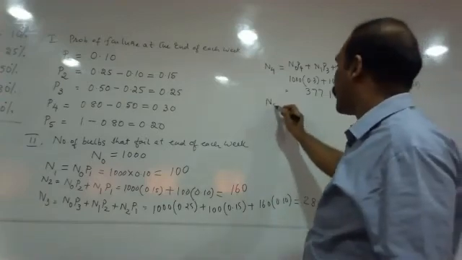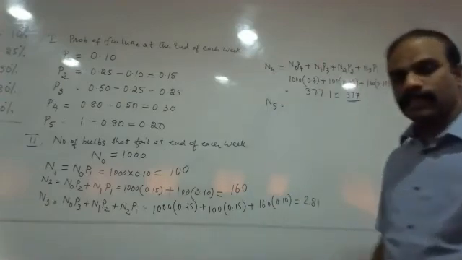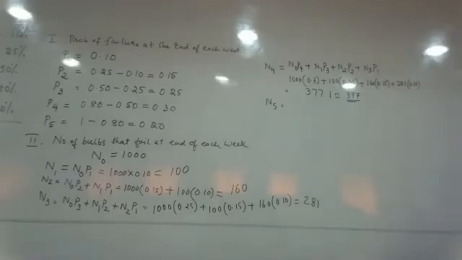Now we'll come to the last step, that is N5, the number of failures at the 5th week. Can you please tell me the equation for the 5th week now?